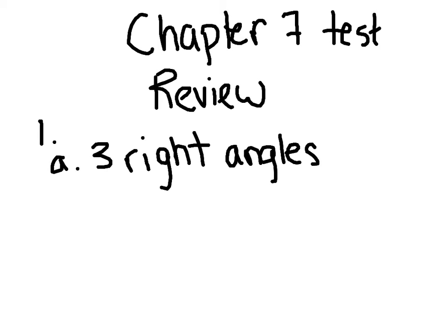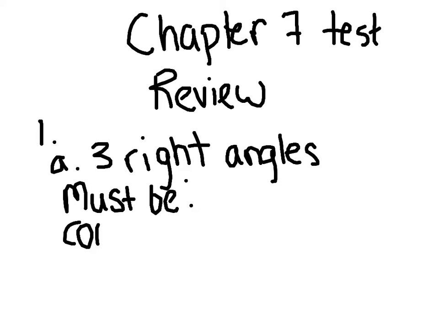So I would say that what it must be and what it could be would either be a square or a rectangle. And we talked about how a square is different than a rectangle because it has 4 equal sides. Since this question says nothing about the sides, we have to assume it must be a rectangle.